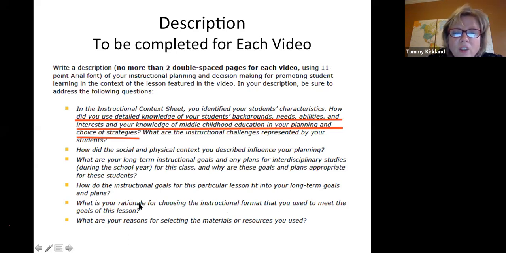Here we've got to explain why we chose it, our rationale. That's where you want to talk a little bit about your knowledge of students and why you chose that instructional format. So it is similar, but when you think that it's identical, because I assure you it's not, you need to physically put the two side by side and highlight any words that are different.